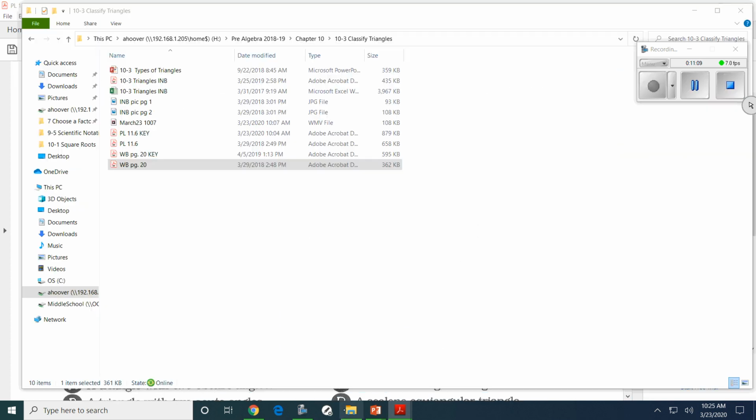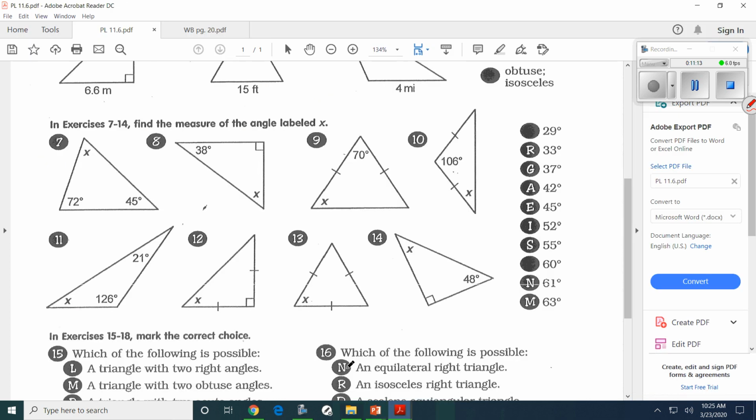For example, let's look here at number 10. We know that this triangle has 180 degrees. If you look right here, we know it's an isosceles triangle. That means these two sides are the same, which means these two angles are the same. You're only given one angle, but we know that these two are the same.